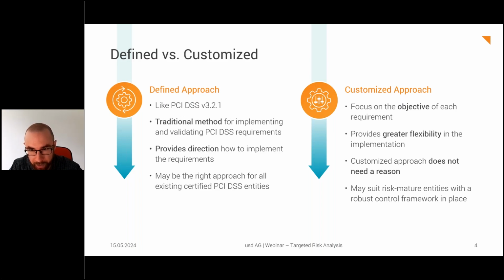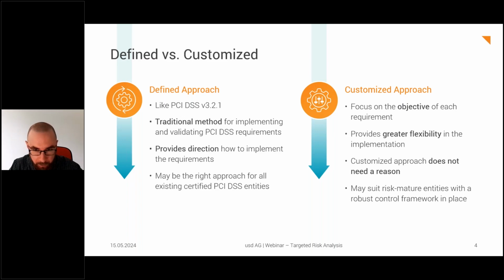In PCI 4.0, every requirement has an objective that is defined in the standard. With the customized approach, you can define your own control that covers this objective, as opposed to the compensating controls, which also still exist in PCI 4.0. In the customized approach, you do not need a reason why you want to do it. You just can.